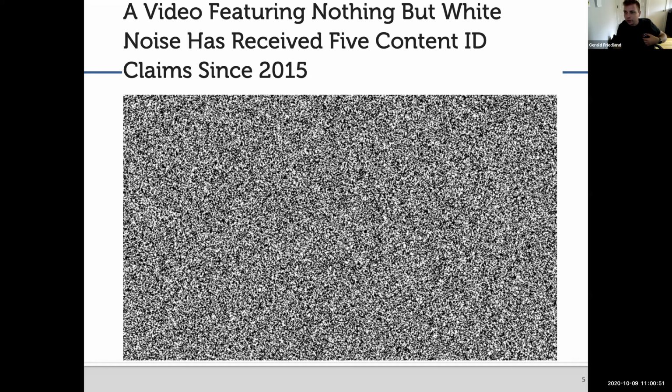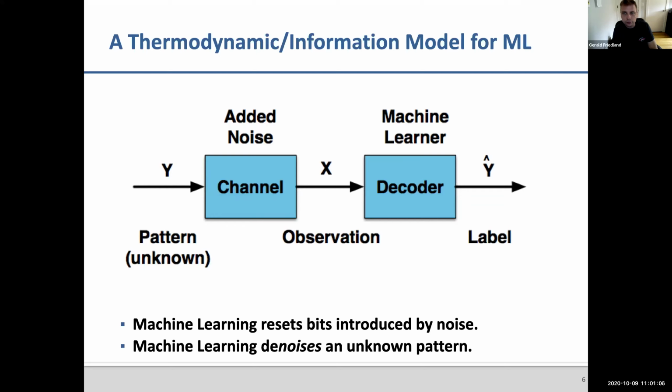So, what are we doing now? The thermodynamics of information model for machine learning is that you have an unknown pattern. Cat, dog. When I say cat, dog, you all think of a different cat and a different dog. It's not clear what a cat and a dog really is. We all have some intuition because our brain has a pattern in there, but we can't really describe what makes a cat and a dog, because if we could, we wouldn't have to do machine learning.